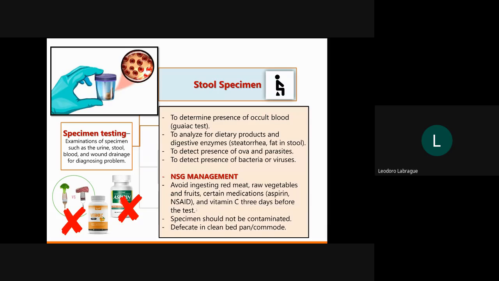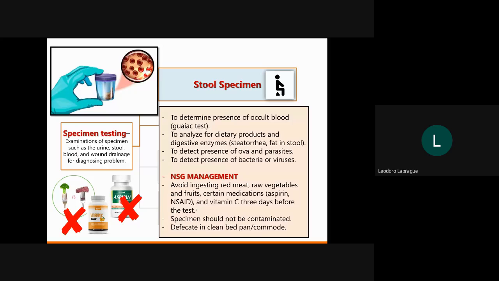You might ask, why do we need to avoid those things? Why do we avoid meat? Why do we avoid fruits? Even vitamin C should be avoided for a simple reason. Those food, the vitamins, the medications should not be given 3 days before the test because it can cause false positive results.